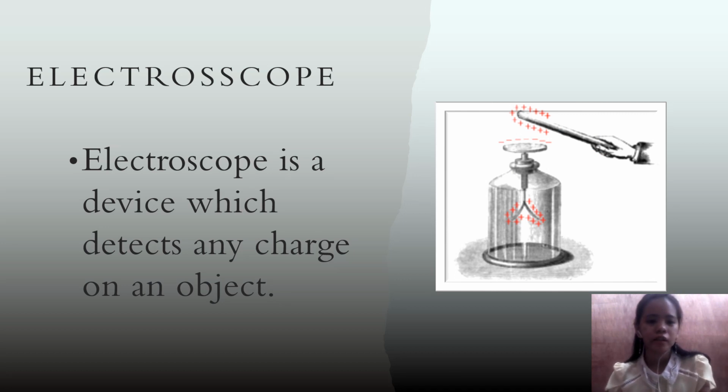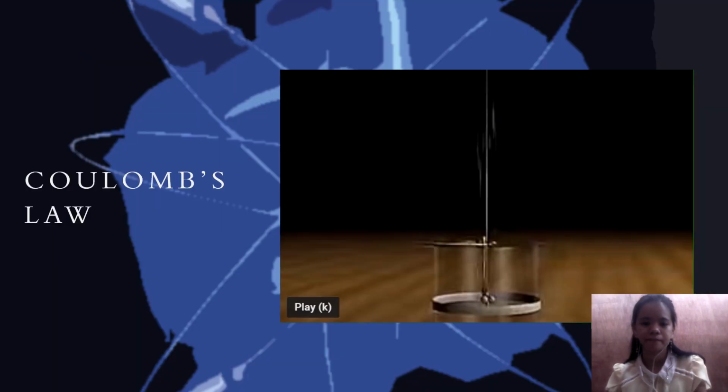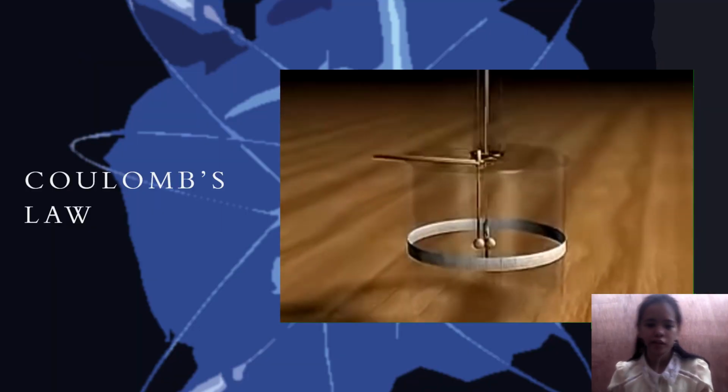So next is the electroscope. An electroscope is a device which detects any charge on an object. So Coulomb's law: the electric force between two charges is proportional to the product of the charges and inversely proportional to the distance between them. Coulomb's law also depends on the medium.